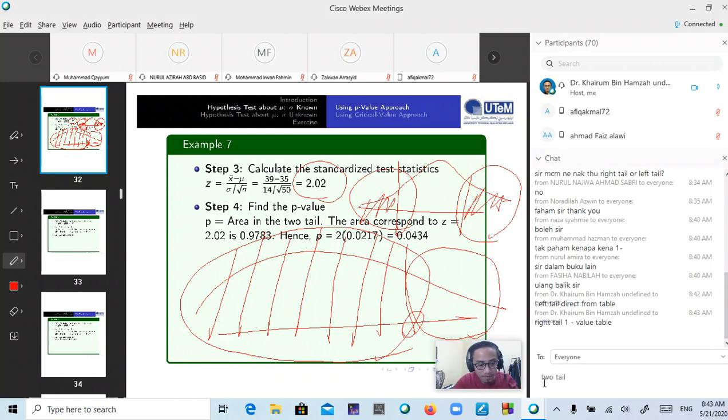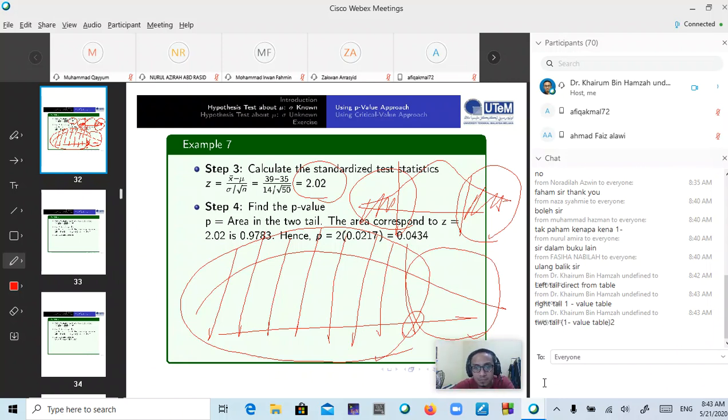Two tail 1 minus value table times by 2. Gitu. Okay? Boleh? Left tail direct from table sebab your table adalah table less than. Right tail 1 minus value table. Two tail 1 minus value table times by 2. Boleh faham? Muhammad Hazman?